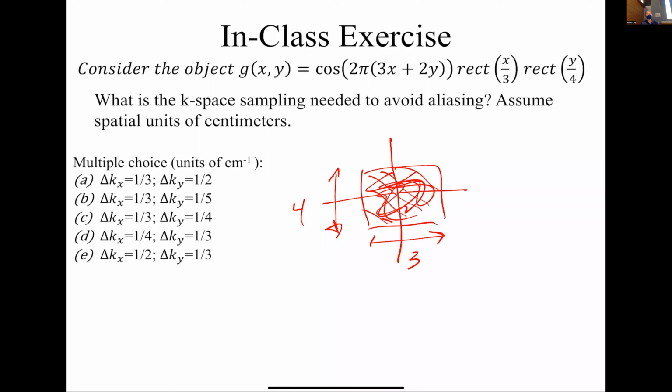It doesn't really matter because the aliasing just depends on what's the extent of my object. Okay, so this here is meant to try to mislead you in terms of thinking, oh, you need to worry about that. Actually, the only thing you need to worry about is this. Okay, and so we know that the field of view of x is 3 and the field of view of y is 4, right? So therefore, this must be the correct answer.